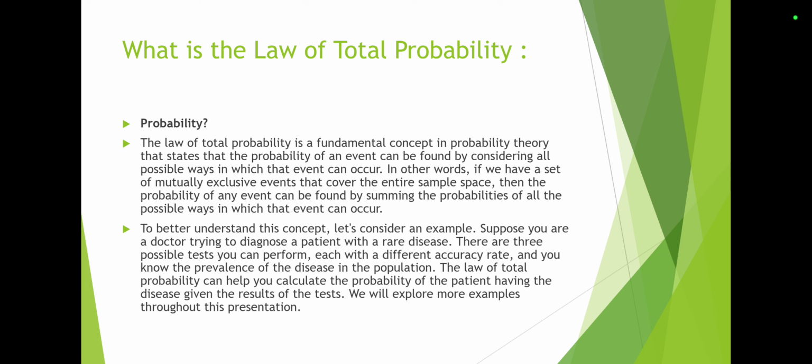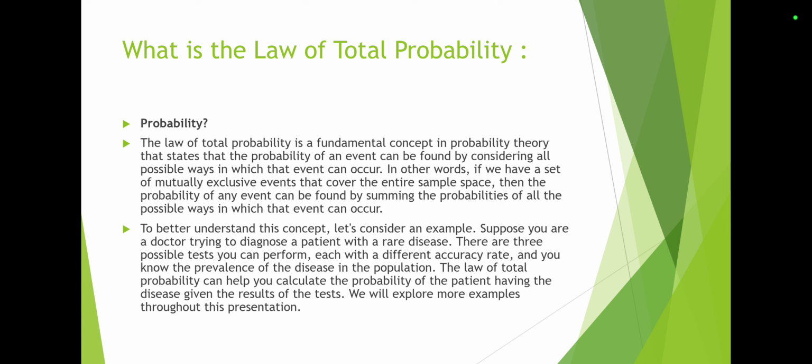To better understand this concept, let's consider an example. Suppose you are a doctor trying to diagnose a patient with a rare disease. There are three possible tests you can perform, each with a different accuracy rate.